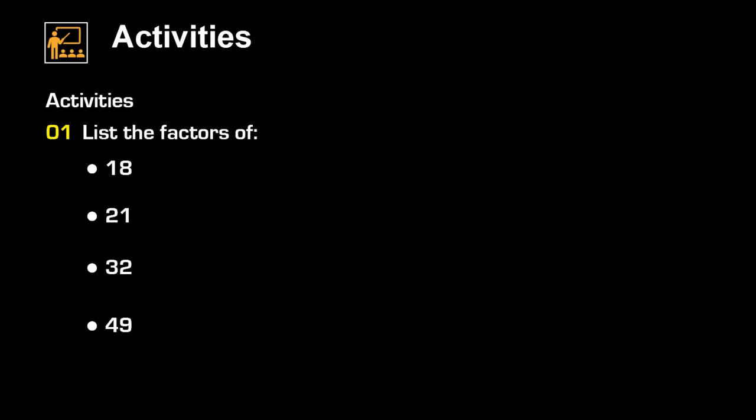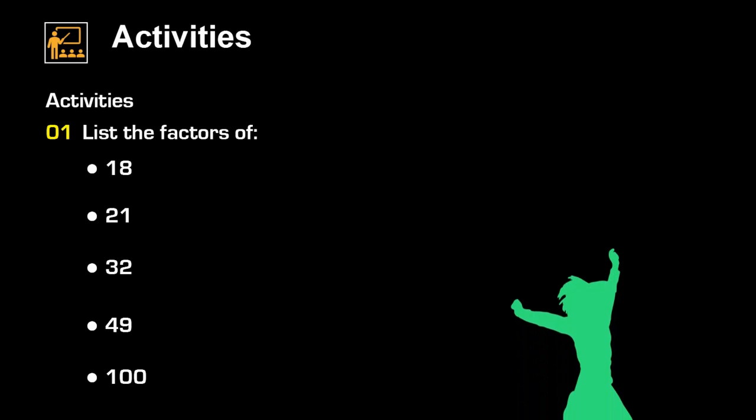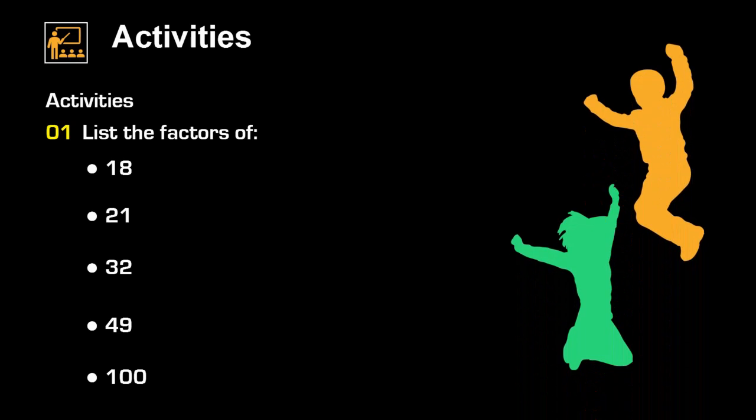And I've got some activities here where I want you to list the factors of 18, 21, 32, 49, and 100. Okay? Yes, we will be happy if you can get all these factors correct.